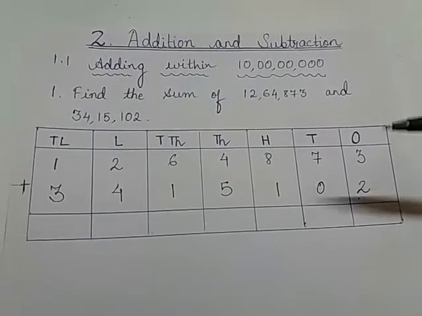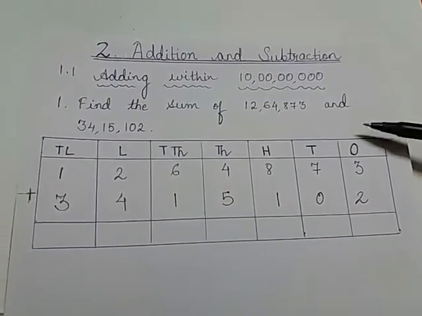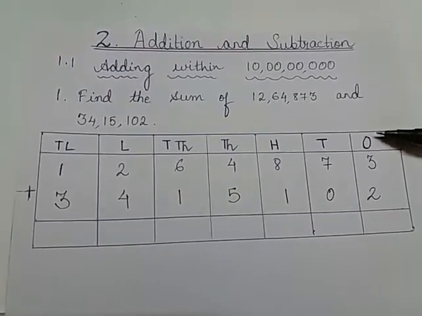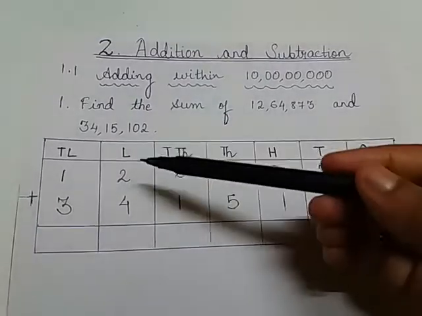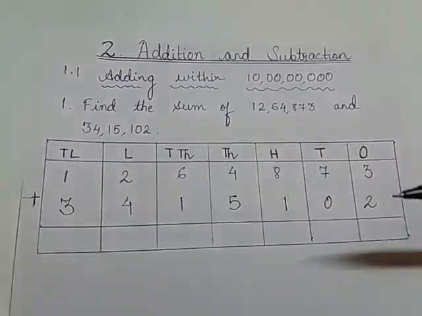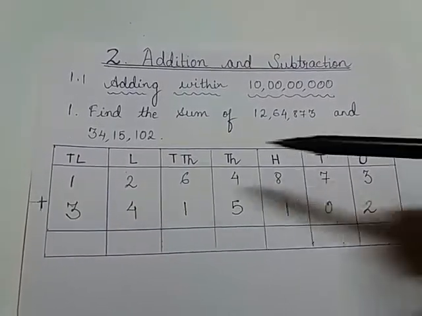As we know, these additions we always start from the right side. That is, we start from the ones, then tens, 100, 1000, 10,000, lakh, 10 lakh. That is, we add the digit at each place from right to the left.